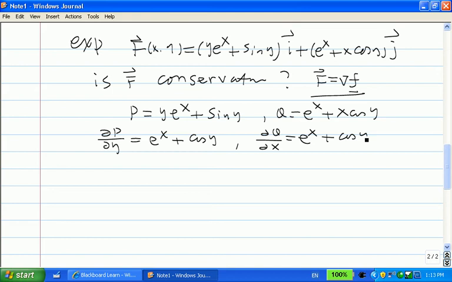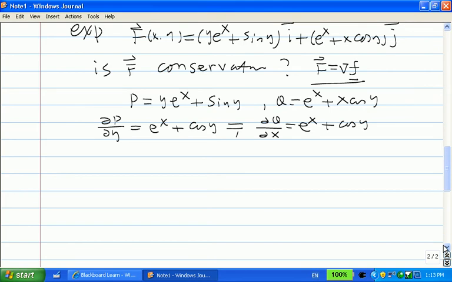Okay. Now, obviously they're equal. That means F is conservative. Now, when you do your homework, you better take your partial derivatives correctly. Otherwise, if you did something wrong, your conclusion could be totally different.